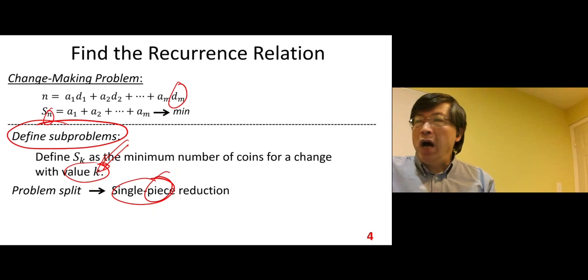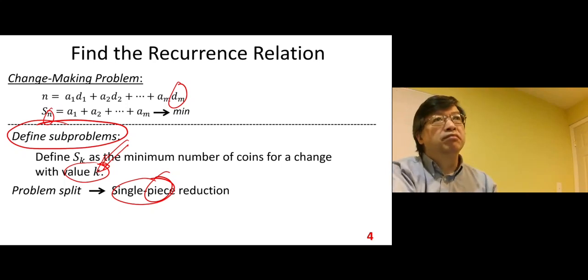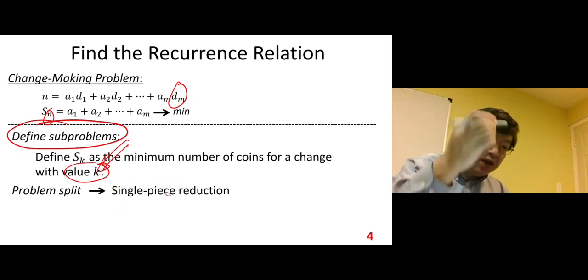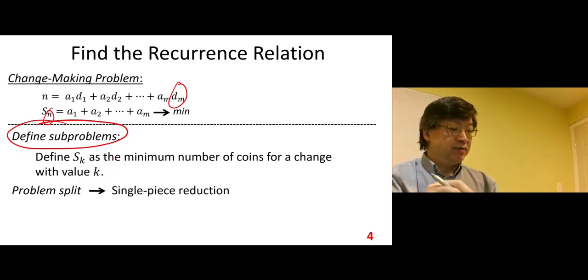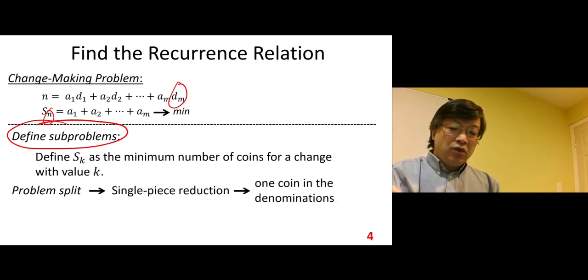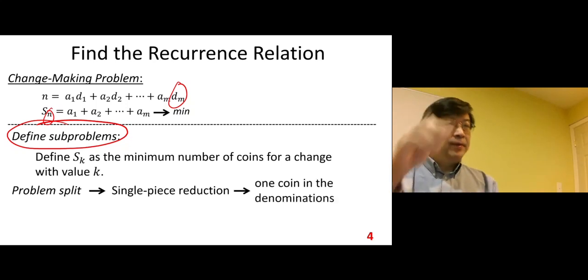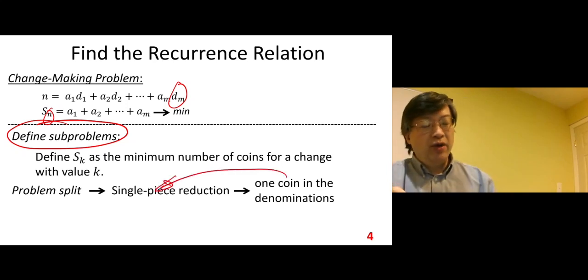But when you go to different problems, you need to define the meaning of different pieces. So here, single piece reduction, or single coin reduction. We can interpret it in this way in our current problem: one coin means one piece.